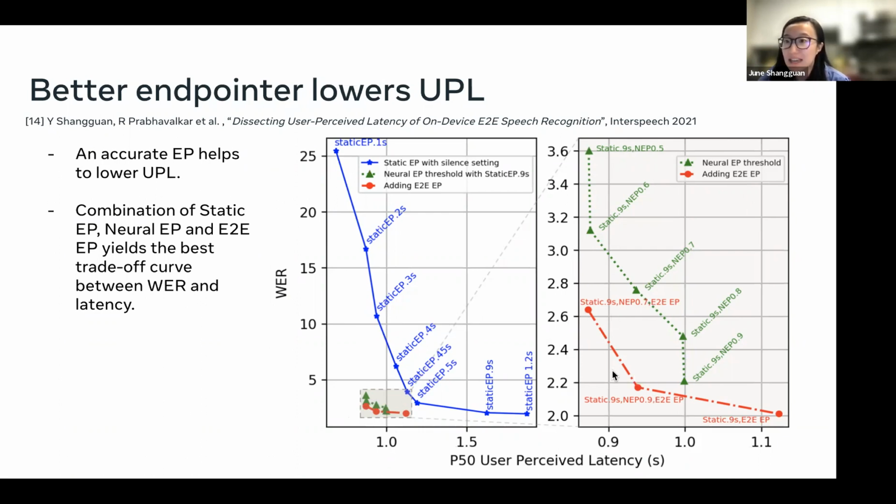And when you add end-to-end endpointer, the curve improves even more. And this is interesting because it tells us that static endpointer, neural endpointer, and end-to-end endpointer are all complementary of each other. Combining them, what we want to achieve is the most accurate result to predict when the sentence ends.